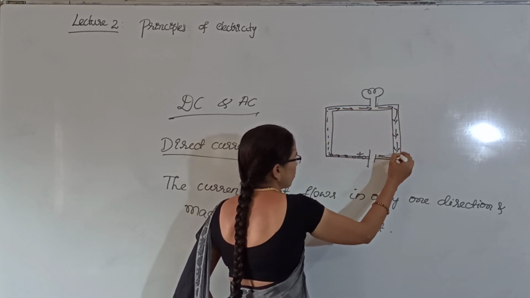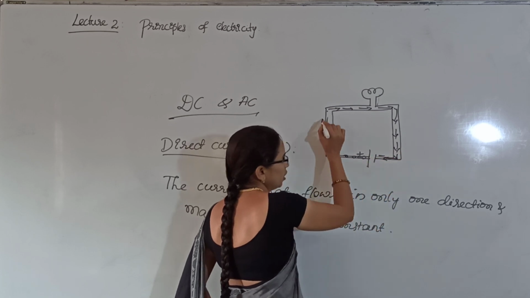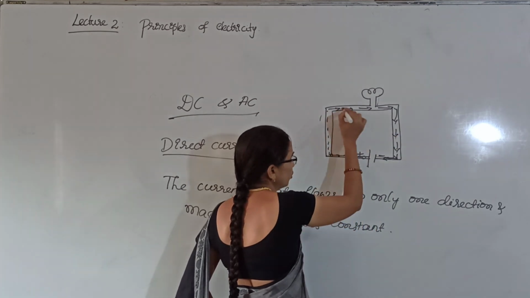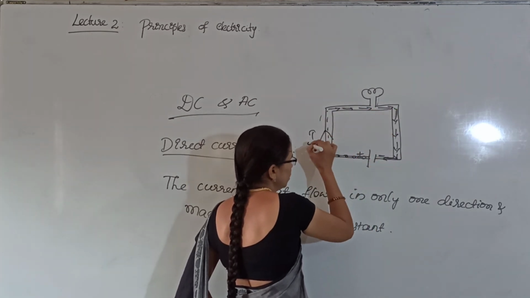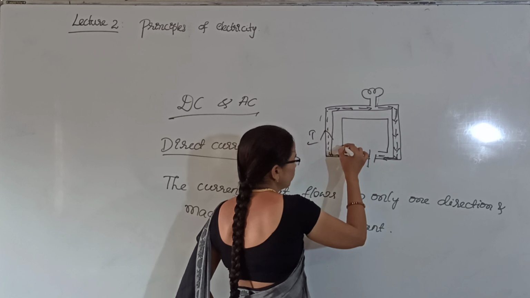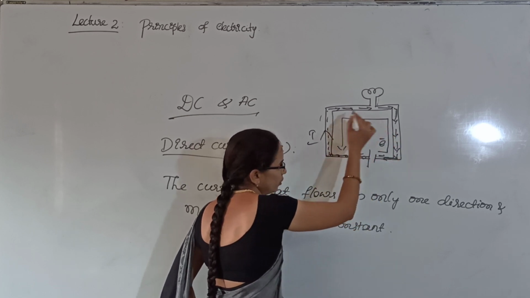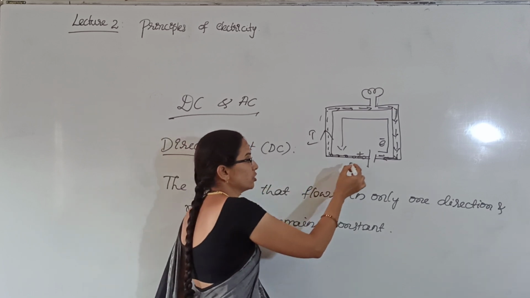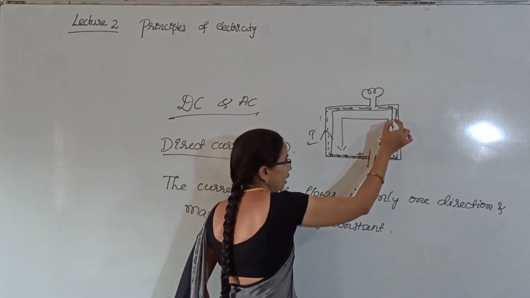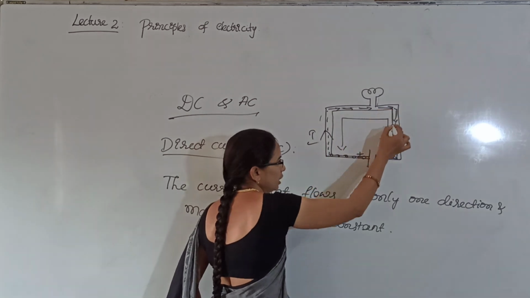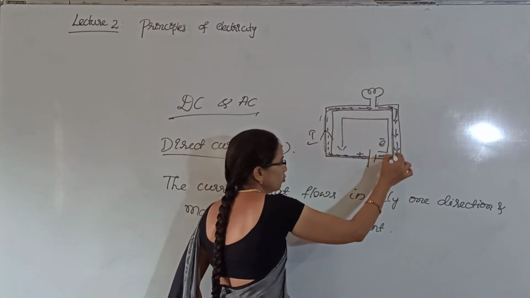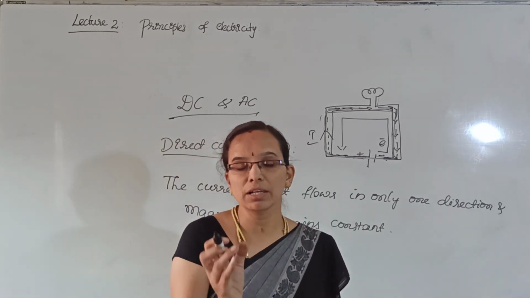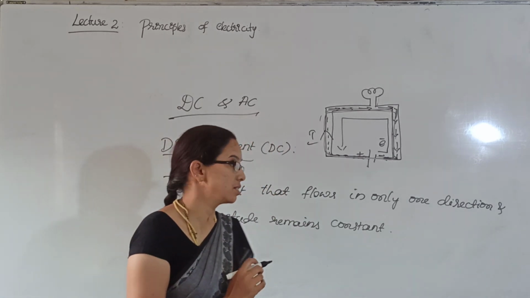Electrons will flow from the negative terminal of the battery to the positive terminal of the battery, whereas current will flow opposite to the direction of electrons, and current will flow like this only. It will be in a circular motion and the value of the current remains constant.